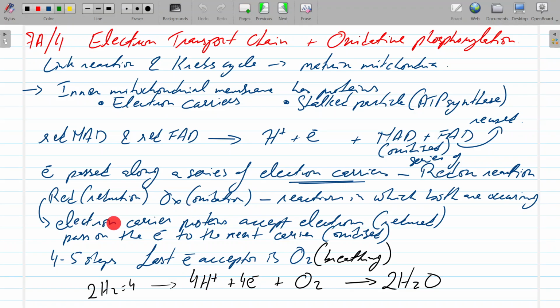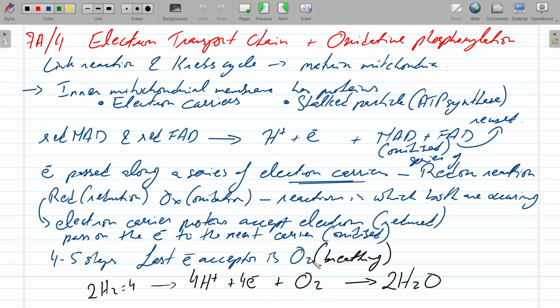Okay. So I mentioned that, and there are about 4 to 5 steps that occur. There are different electron acceptors, electron carriers, and at the end of the process there is the oxygen. So that's where oxygen comes in, the one we got from breathing, the gaseous exchange in the lungs at the alveoli.